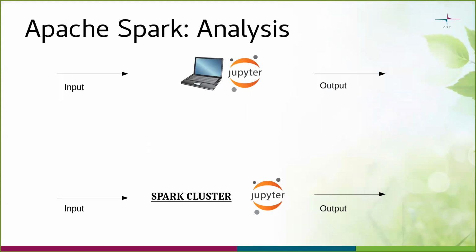But in this case, you have a Spark cluster and you run Jupyter on top of your Spark cluster. So instead of running it on a laptop, you're running Jupyter on your Spark cluster. The other things remain the same. The code remains the same, the input comes, and then you get the output. The only thing that changes is that you're running the stuff on your Spark cluster. So this is what Jupyter is, and you use Jupyter for writing code on Spark.